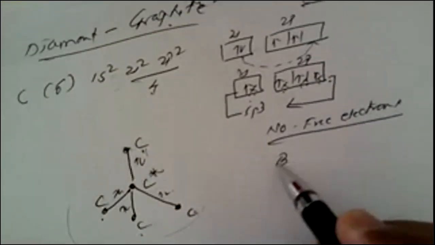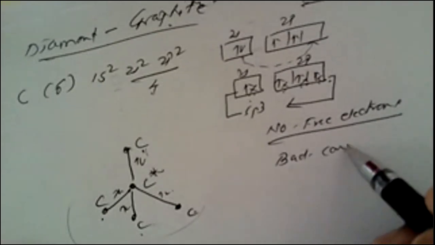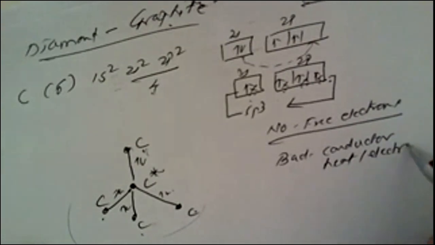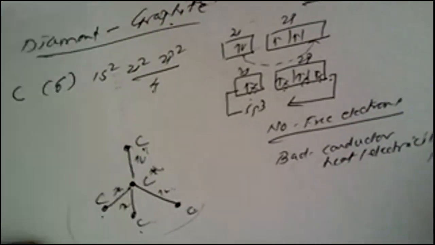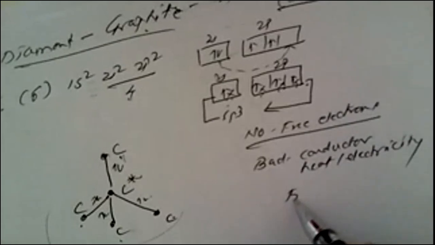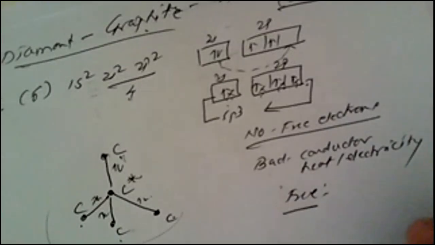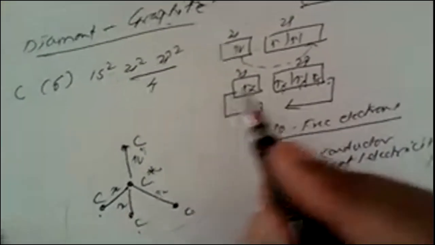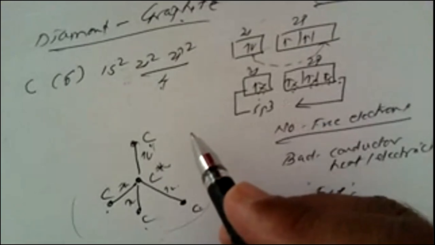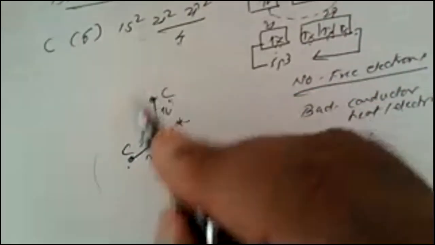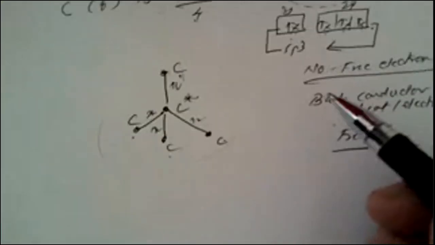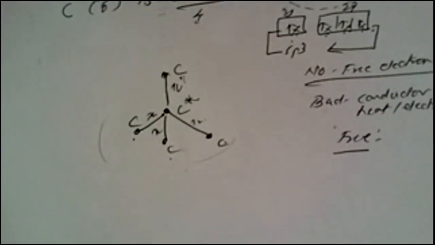Because of this, diamond crystal is a bad conductor of heat and electricity, because to carry heat and electricity, free electrons must be possessed by the substance. All the electrons are engaged in forming normal bonds with the surrounding carbon atoms, and hence the diamond structure is extremely hard and tough. So this is how the structure for diamond can be studied.